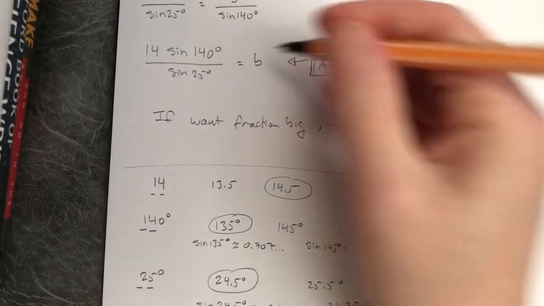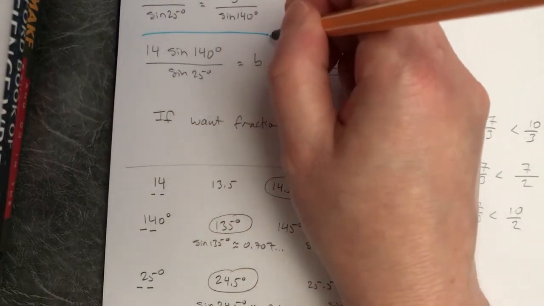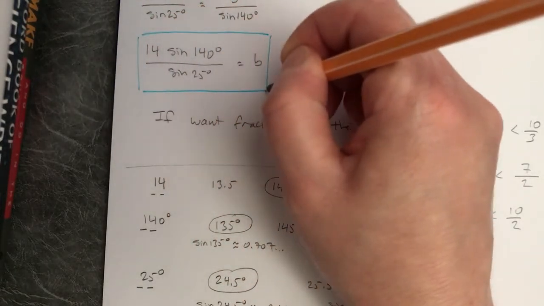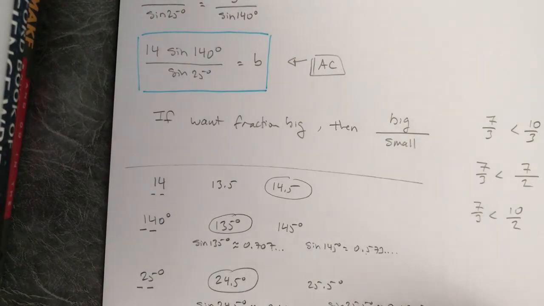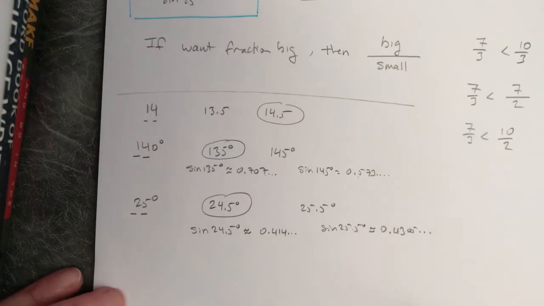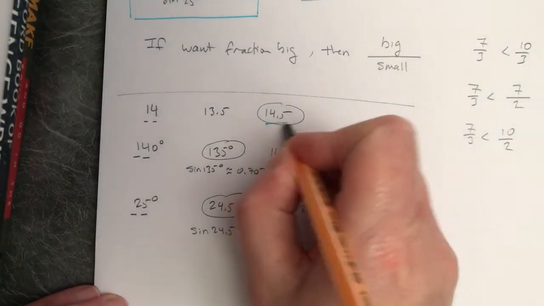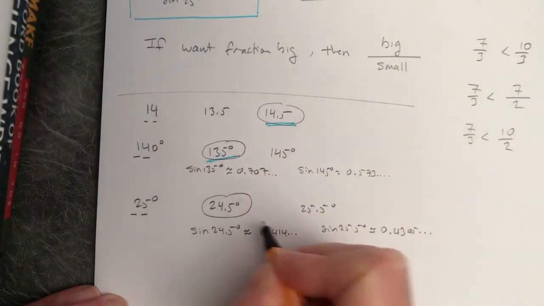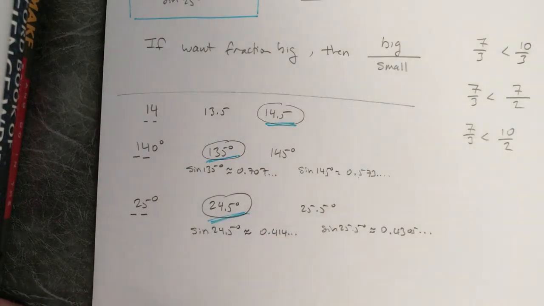So here was my algebraic solution for the side I'm interested in. But because we have rounding errors on our measurements and I want to know an upper bound for b, I'm going to do that same fraction, but I'm going to use those numbers instead.